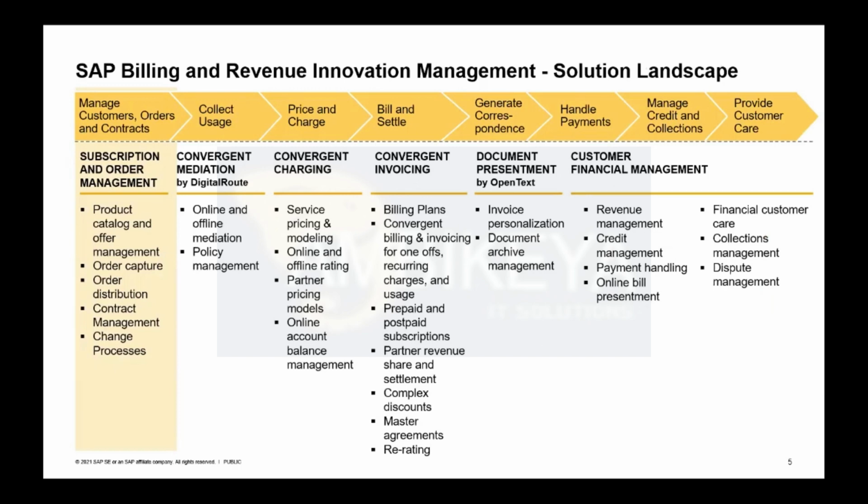If we have a view to the complete process now, we start with the subscription and order management. We have to manage customers, orders, and contracts. It depends what industry you have, but you always have a starting point. You handle the master data in a product catalog and offer management.